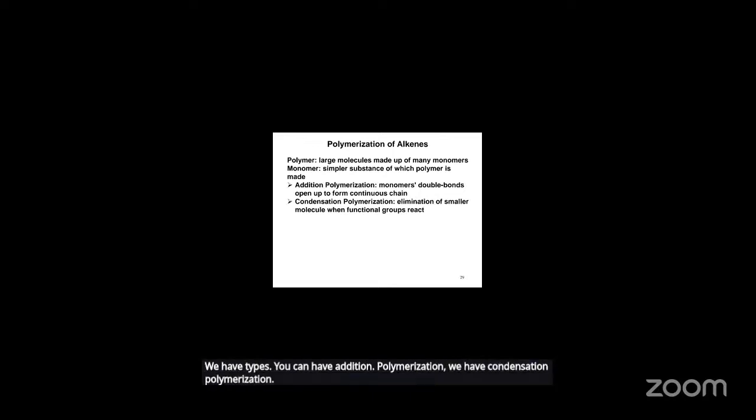So in polymerization, we have types. We have addition polymerization, we have condensation polymerization. The difference between them is that in condensation polymerization, there is always elimination of molecules when functional groups react. When they react, some molecules will be eliminated.